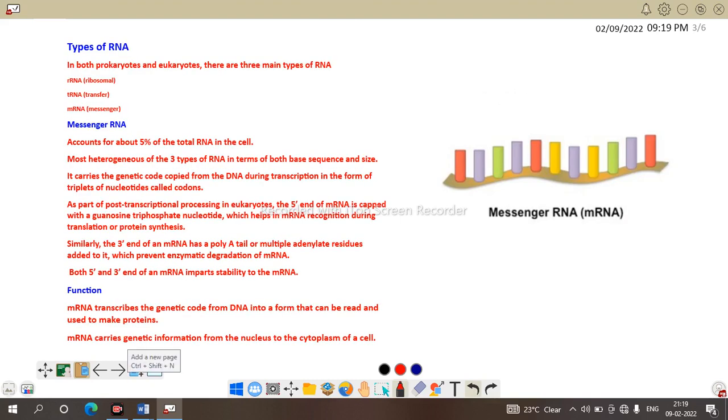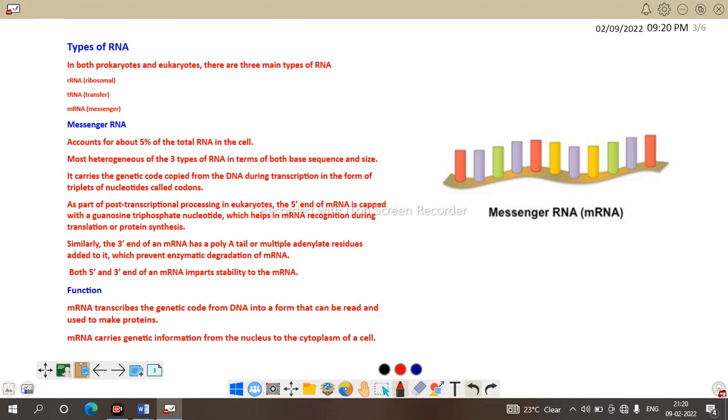Next is types of RNA. In both prokaryotes and eukaryotes, there are three main types of RNA: rRNA or ribosomal RNA, tRNA or transfer RNA, and mRNA or messenger RNA. Messenger RNA, let's discuss first. It accounts for about 5% of total RNA in the cell.